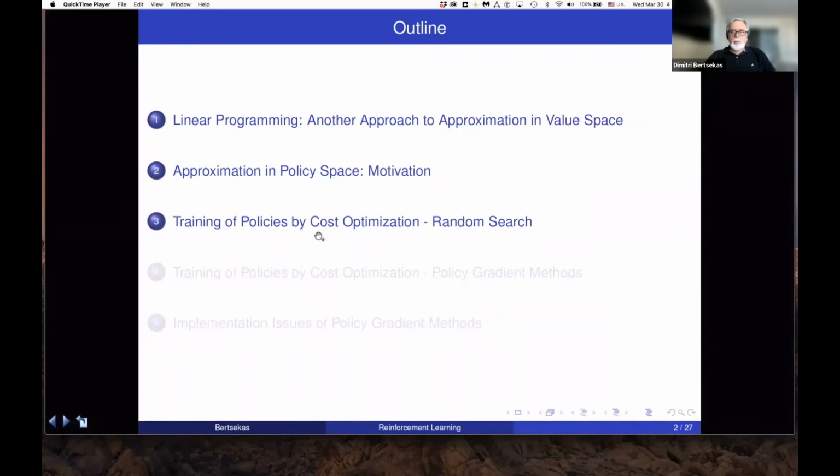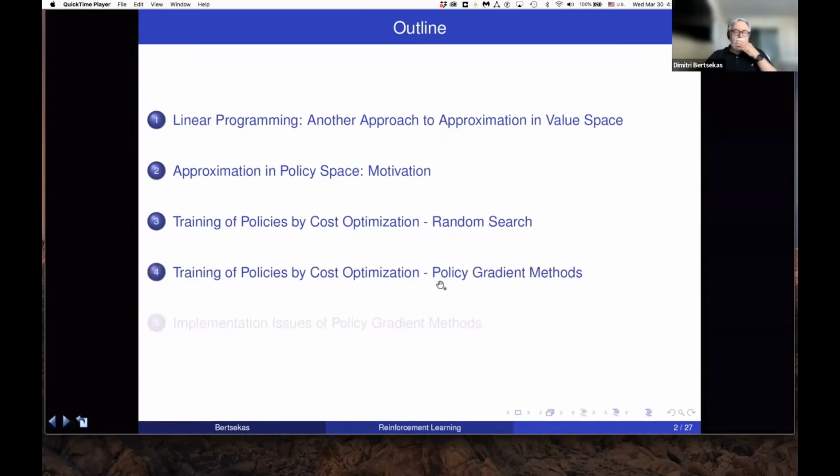One is based on cost optimization, which we're going to focus on, and it uses random search methods. Another possibility is to use what's called policy gradient methods. Both of these are quite popular. We're going to take a closer look and then discuss some implementation issues, and also some of their advantages and drawbacks. So I am now going to switch to the video.